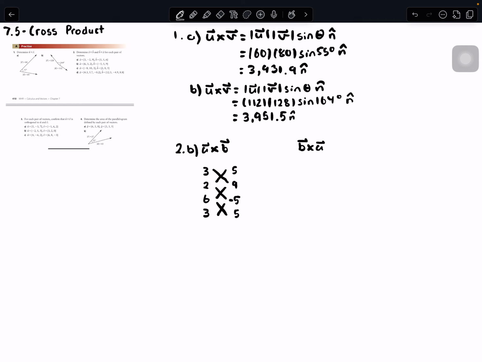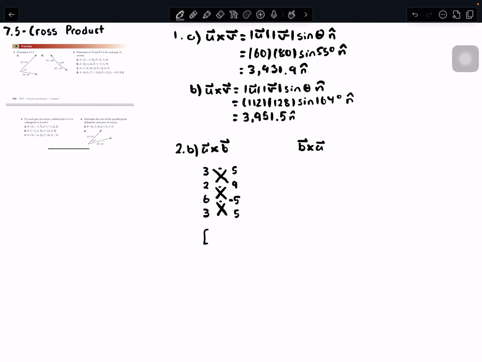And now, you weren't shown this in class, but I usually like to put a little minus symbol here, just so I know that I'm subtracting. And let's figure this out. So A cross B in this case, so I'm going to do 3 times 9 minus 5 times 2. So the first component is 17. Okay. I'll do it in explicit detail for this first guy, just so you see it.